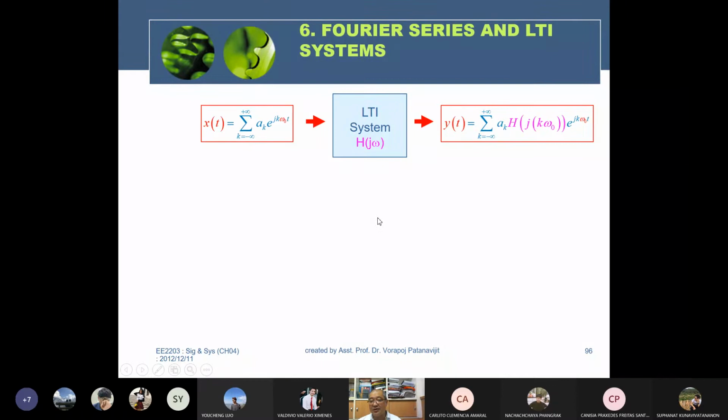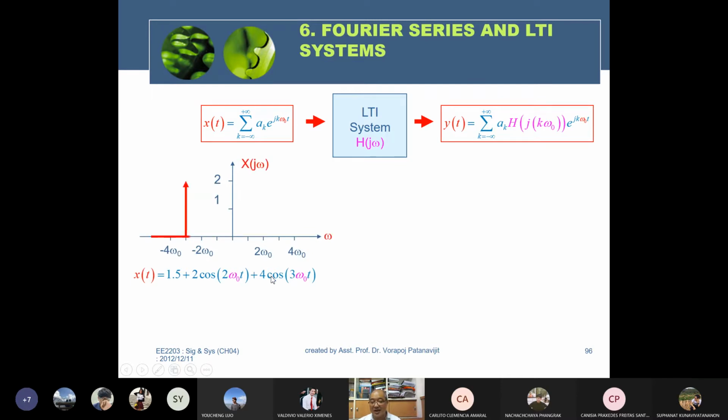The Fourier series and the linear time-invariant system, or the LTI system. If the input signal is here, the system that you would like to process or manipulate the input with will be an LTI system here, and the output in this case is here. If the input is a sine wave, you can see it is 1.5 plus a cos function and a sine function.